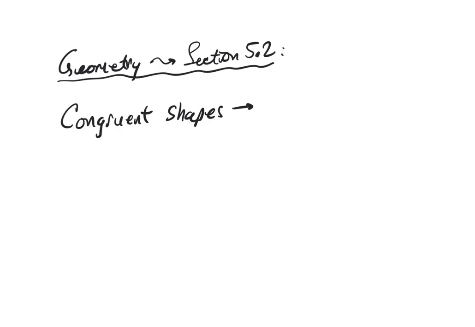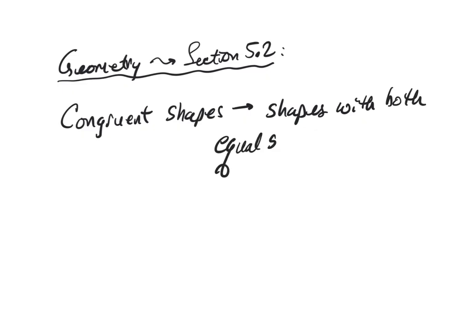And the definition for shapes that are congruent: shapes with both equal sides and equal angles.